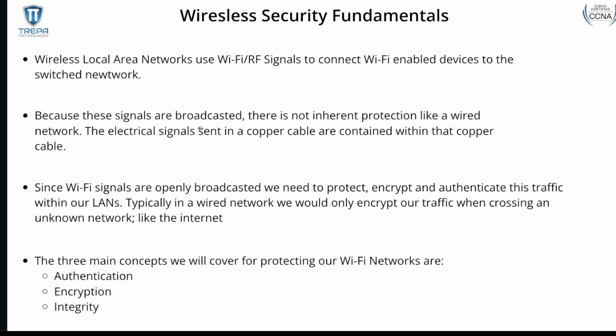So since they're openly broadcasted, we need to protect, encrypt, and authenticate this traffic within our LANs. Typically, again, in a wired network, we only encrypt our traffic crossing like the internet. So the three main concepts we're going to cover for protecting our Wi-Fi networks are how we authenticate, how we encrypt, and how we provide integrity.